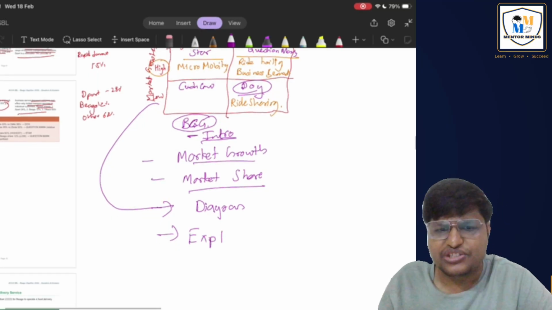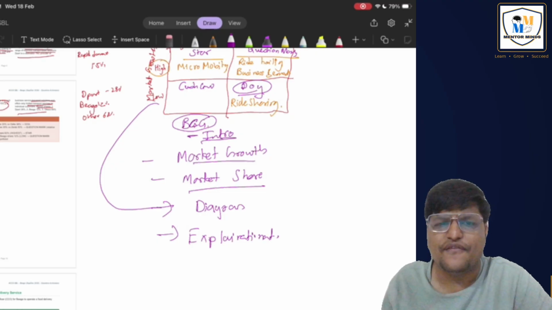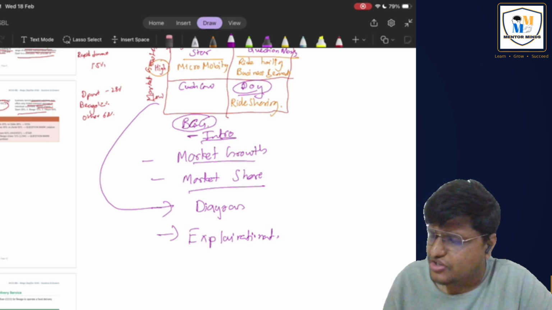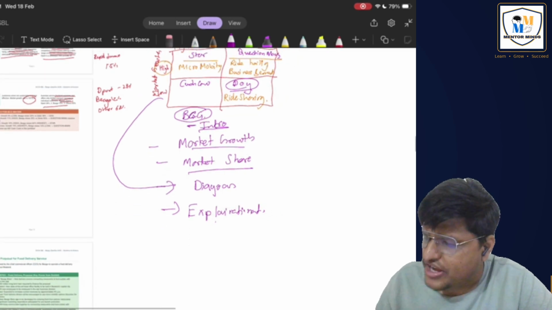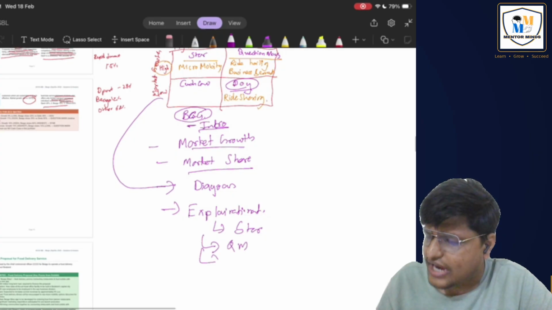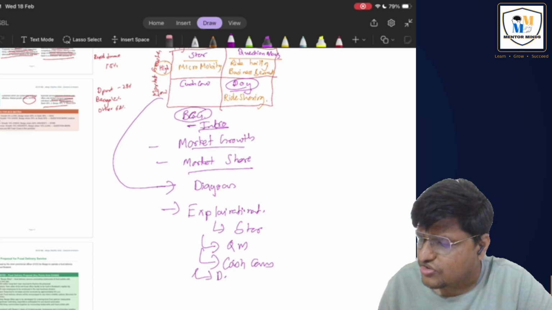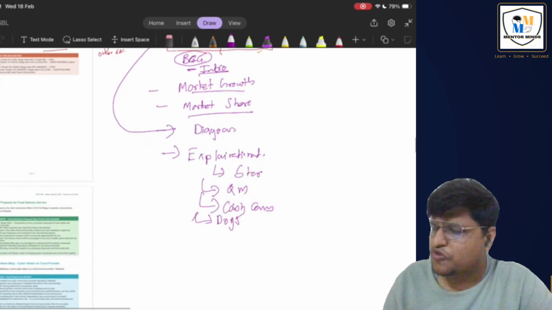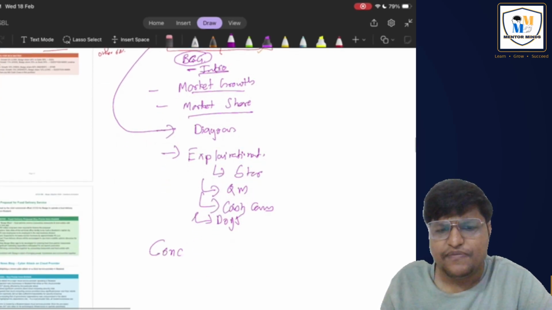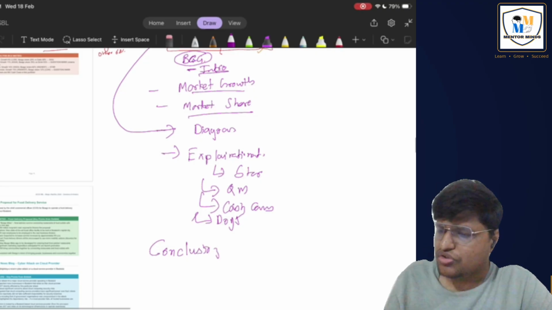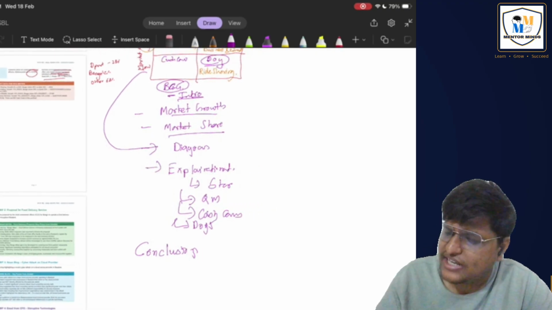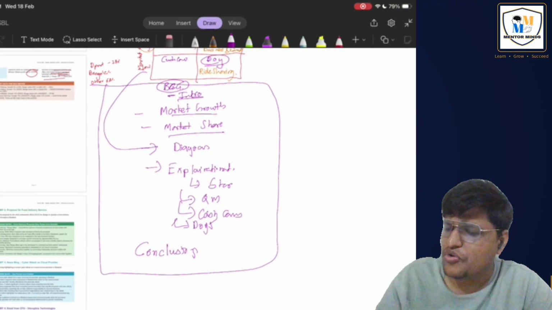Then after we have done all the explanations of all four points, star, question marks, cash cows, and dogs, we will write the conclusion. So this should be our basic structure for our report.